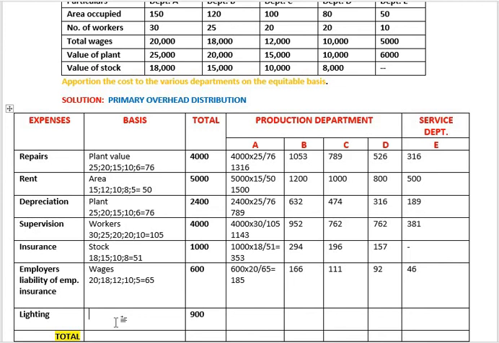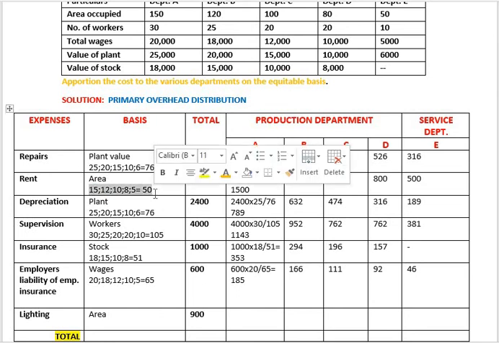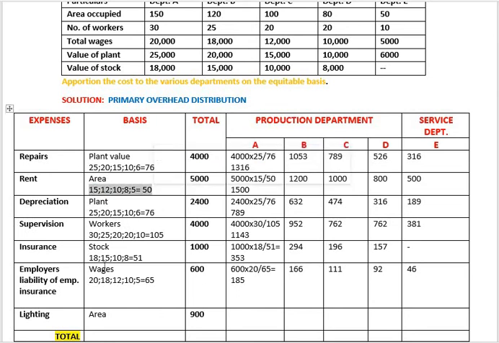Already we have calculated a ratio for this, that is 15 is to 12 is to 10 is to 8 is to 5. I'll just copy that.